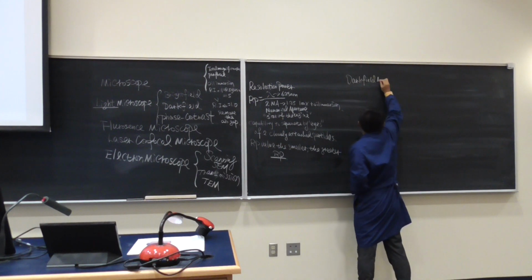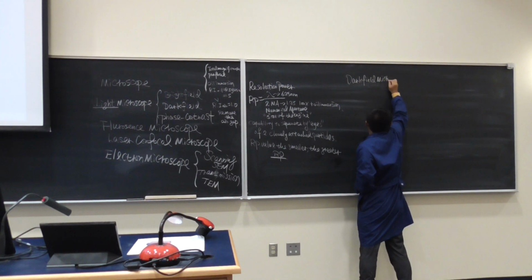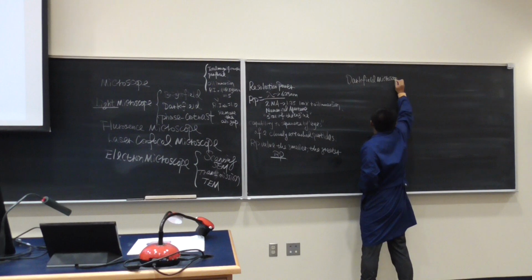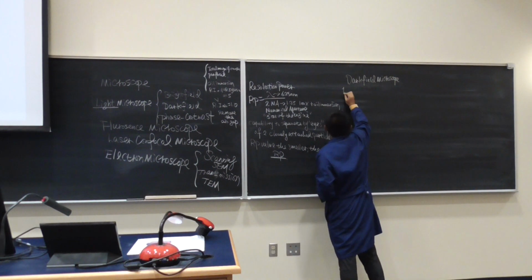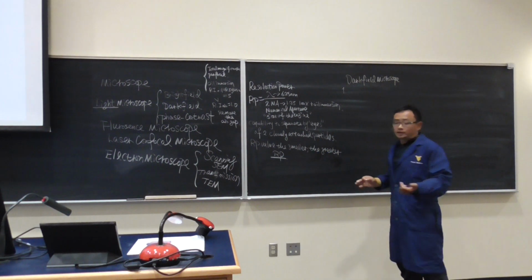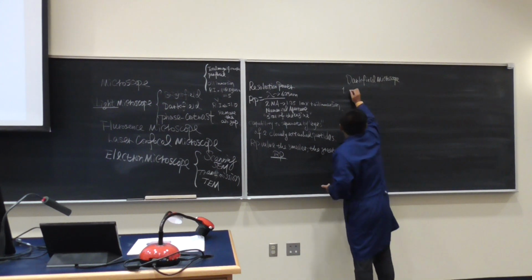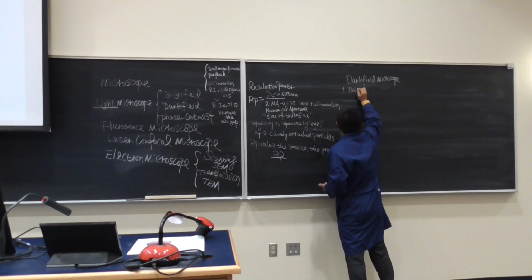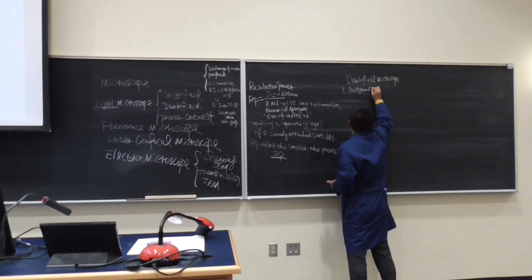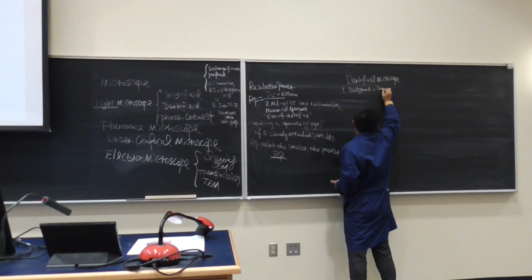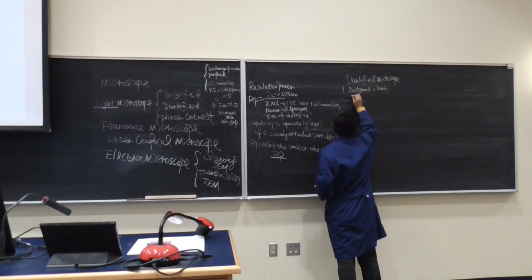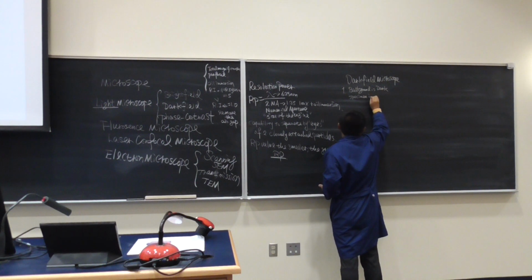First things first, the difference from the light field microscope is that the background is dark, and the specimen you see is bright. The specimen, which means the sample, is bright.